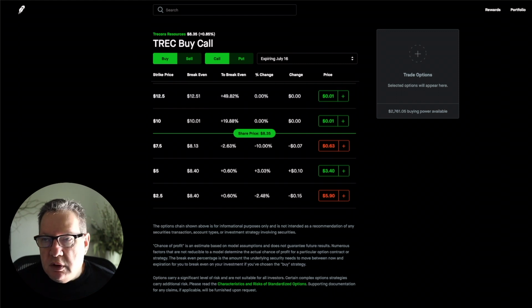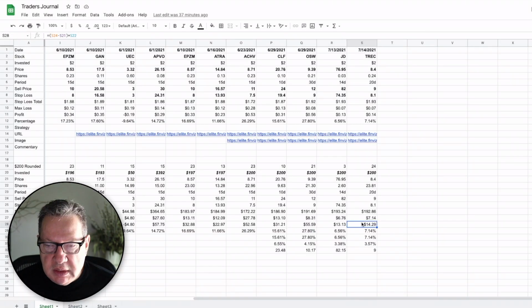Because if you look down here, you'll notice that predicting a $9 sell price, we have a profit of $14, which is obviously not a heck of a lot on a $200 investment, about 7%. Not unreasonable.